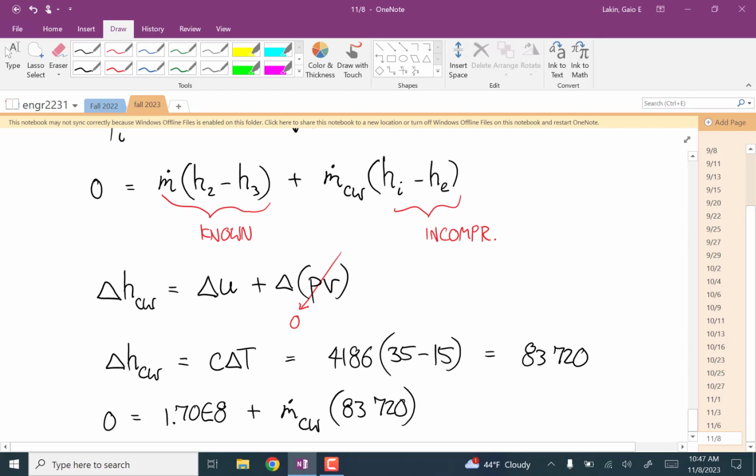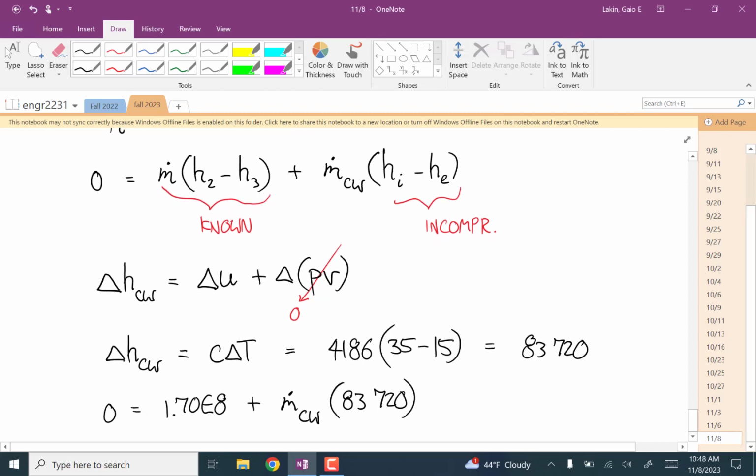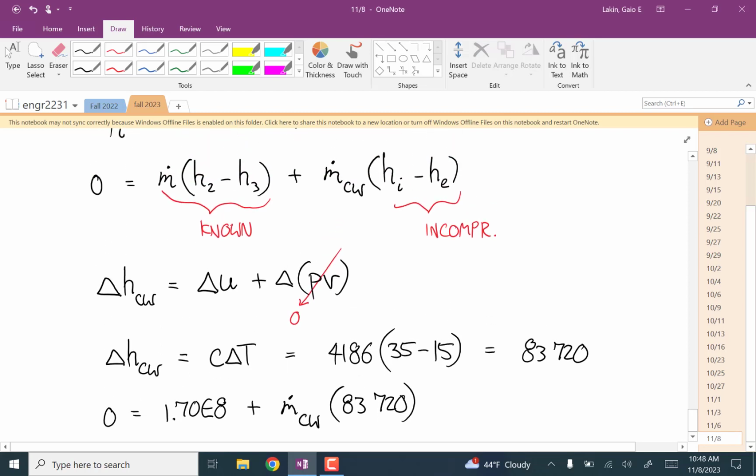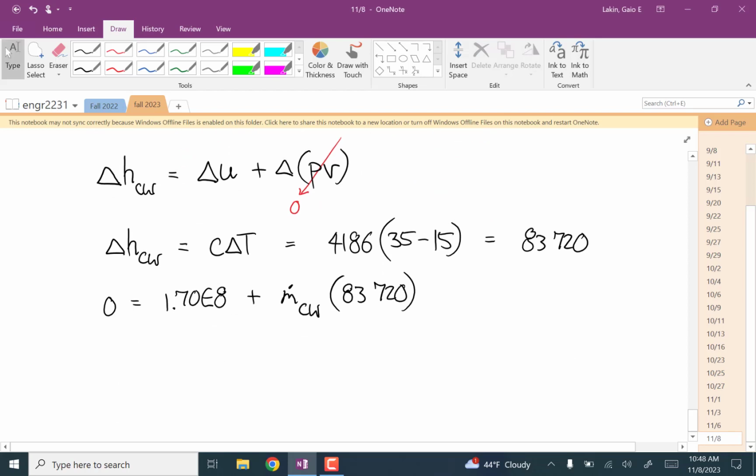How did I get this sign backwards? Oh, this should be negative because this is the change in the specific enthalpy of the cooling water, which is exit minus inlet.